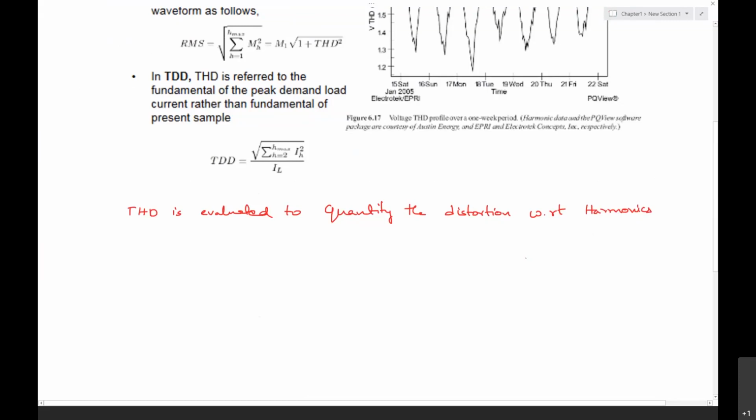The quantity is evaluated to quantify the distortion with respect to harmonics. The THD is evaluated for current and voltage.